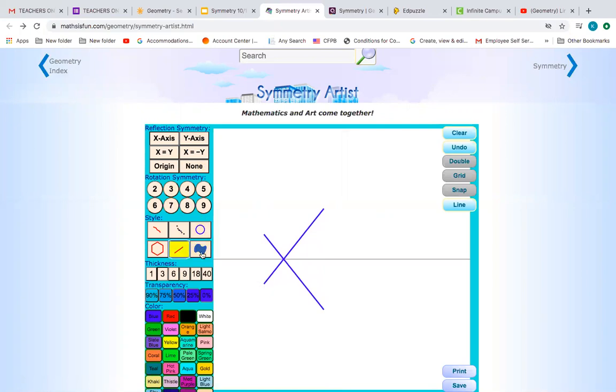I tried my best, but it's not equilateral.